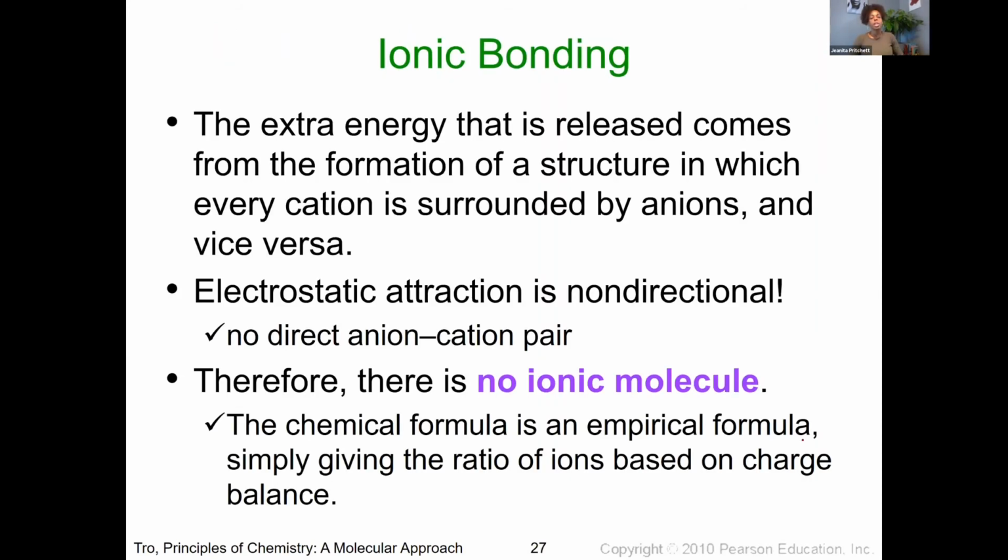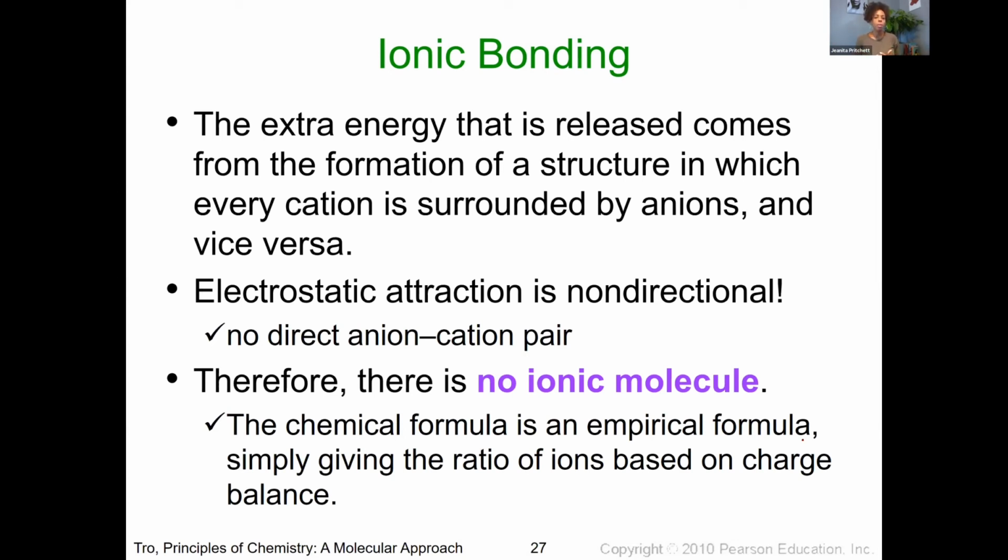Now, something we want to bear in mind with ionic bonding is that individual ionic molecules do not exist. The reason is that the electrostatic attraction that's present is non-directional. So you have these positive and negative ions that are all around. Rather than getting an individual discrete molecule, we end up with a repeating positive and negative crystal lattice structure that we've seen shown before.